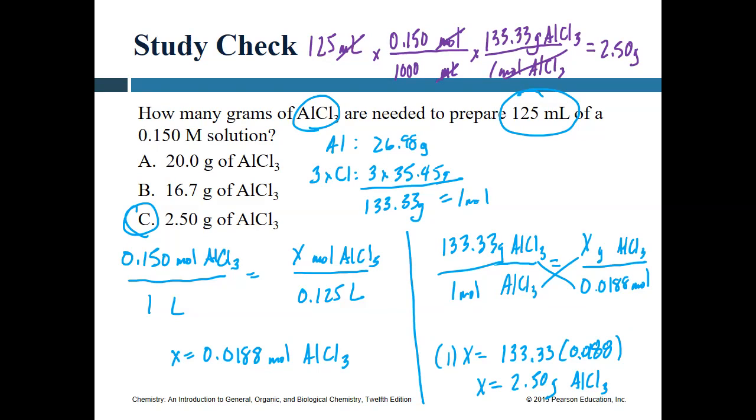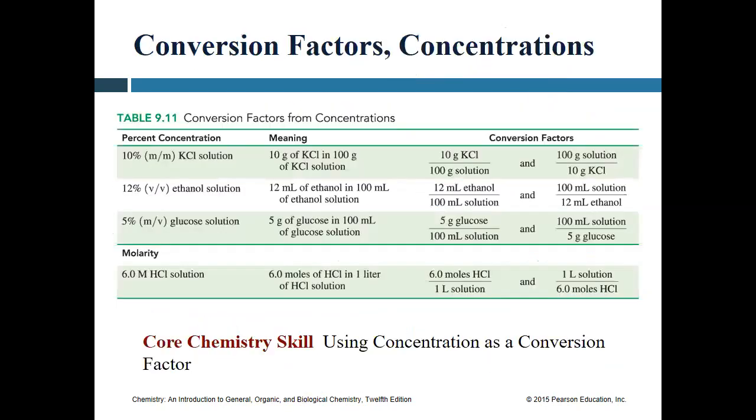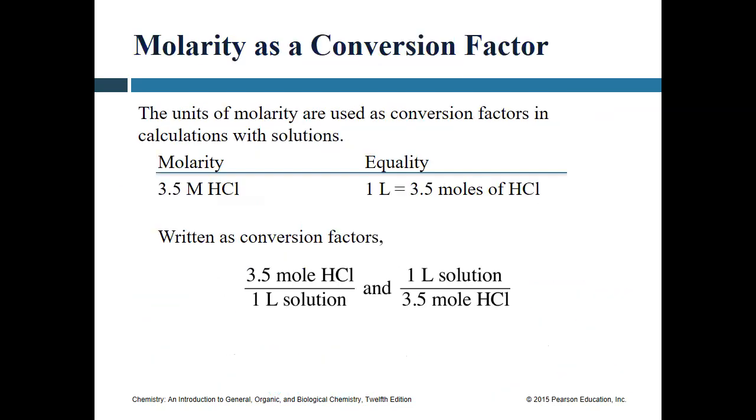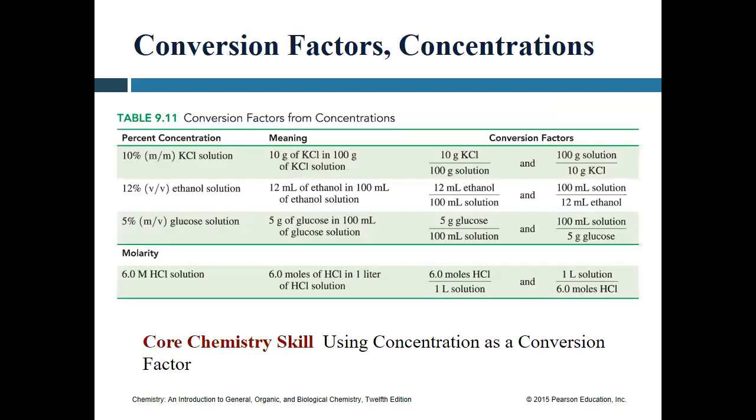So remember, the definition of molarity is moles of solute divided by liters of solution. So if I am told that I have a solution that is 0.150 molar, what that means is that there are 0.150 moles of the solute in every liter of the solution. And so we can come up with these fractions like they're showing here.